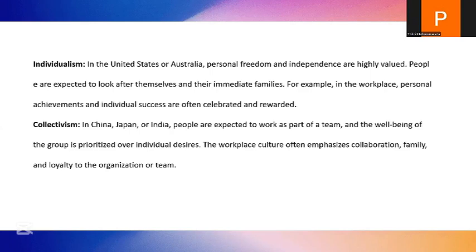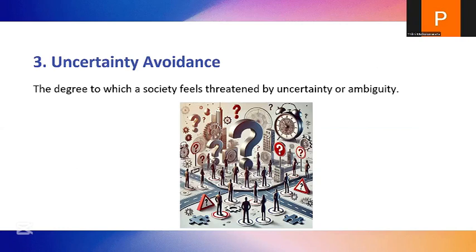So the well-being of the group is prioritized rather than individual desires. So you can see in the business world how individualism and collectivism go into this cultural dimension. And the third one is uncertainty avoidance.